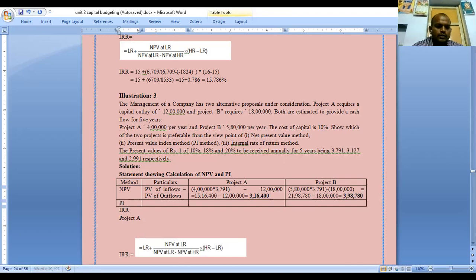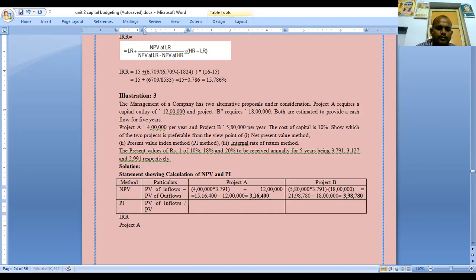So now the method is profitability index. The formula for the profitability index is PV of inflows divided by PV of outflows. So that is 15 lakhs 16,400 divided by 12 lakhs.